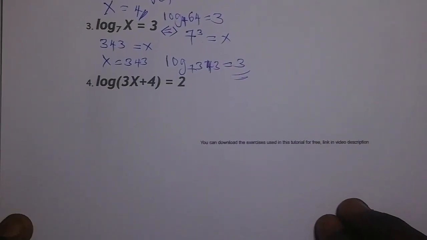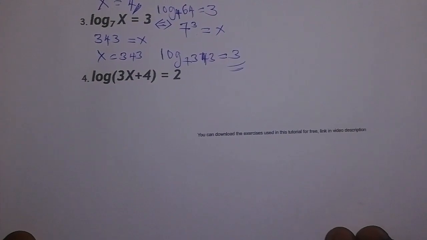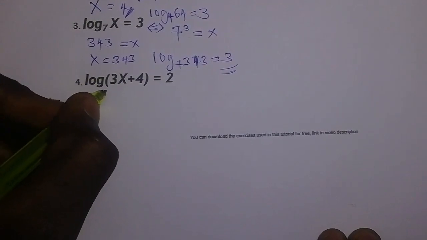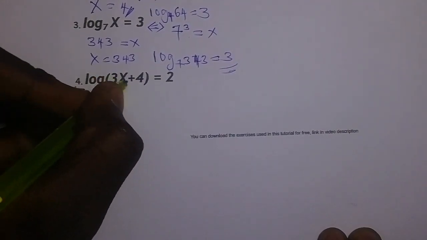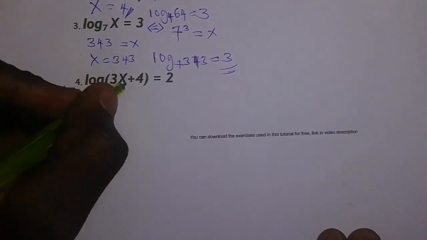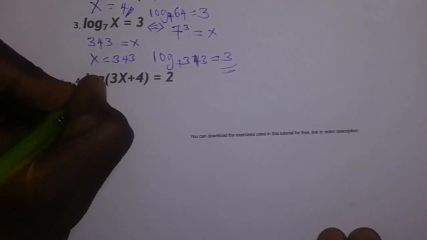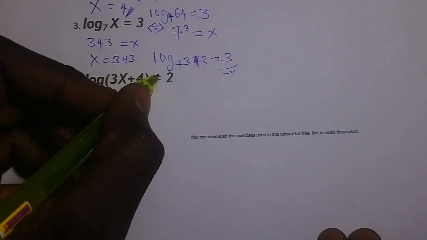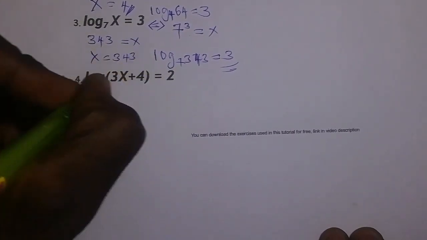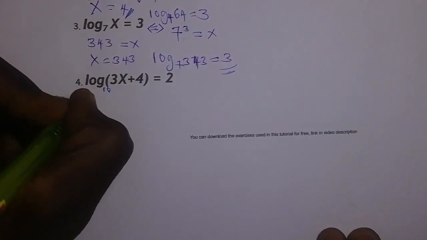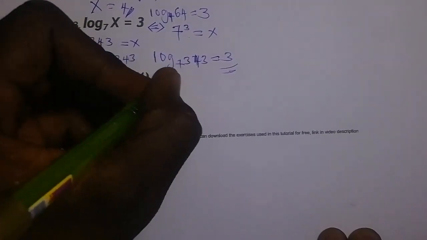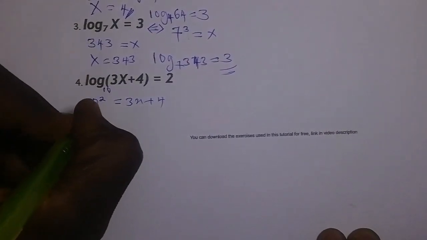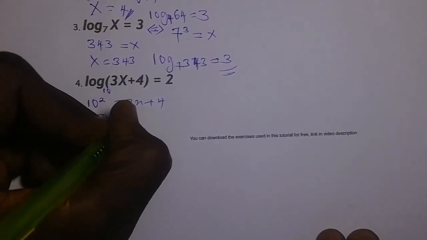The final example says log of 3x plus 4 equals 2, and it doesn't give a base. Remember that whenever the base is not given, we consider the base to be 10. So this is log to base 10 of 3x plus 4 equals 2. Writing it back in index form, we get 10 power 2 equals 3x plus 4. 10 power 2 is 10 times 10, which is 100, so 100 equals 3x plus 4.